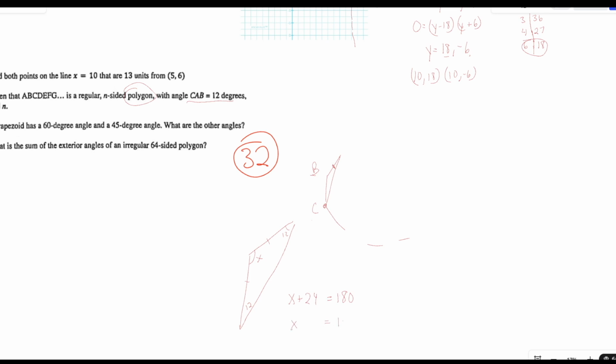So it's that 156. And then from there, that's the interior angle. We'll plug that into our interior angle equation for polygon interior angle. It's 180 times n minus 2 over n.